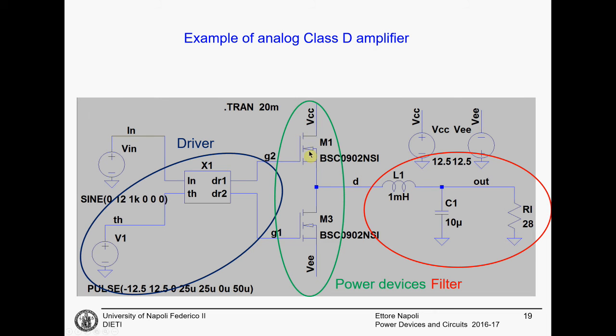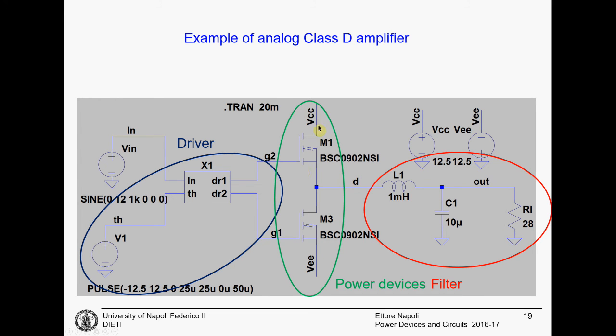The power device that will take care of pulling up this D output voltage is connected to VCC, and another power device, a MOSFET, that is connected to the negative supply voltage will drive this output voltage to VEE, that will probably be a negative voltage.